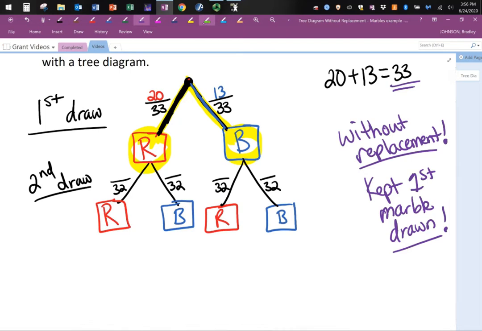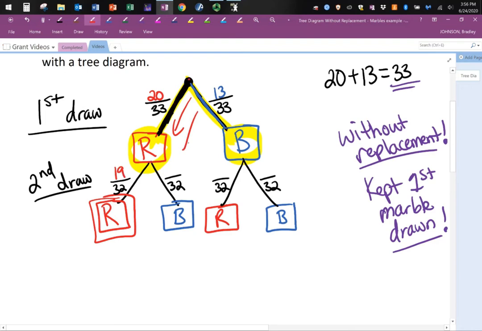Okay, so now let's also consider what the probabilities of each of these would be. There's 4 different probabilities we have to figure out. Going down the red path, I've picked a red marble. How many red marbles are there left to pick? Well, we had 20, less 1 would be 19 marbles.